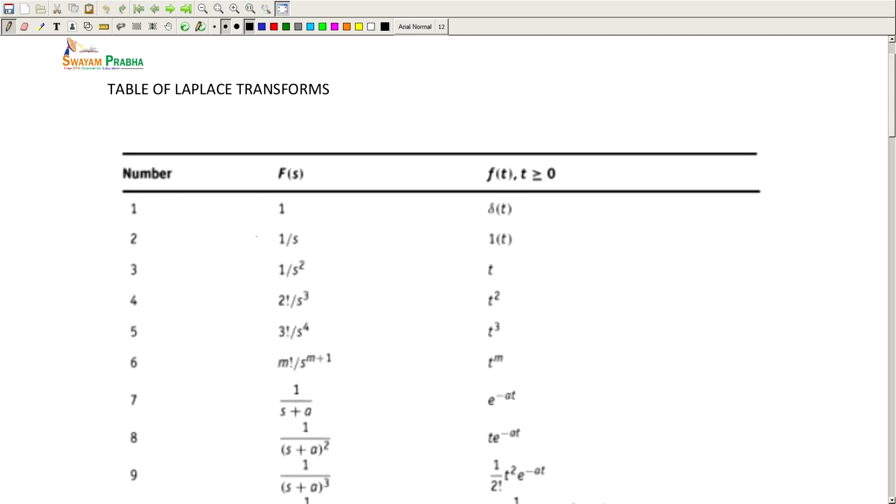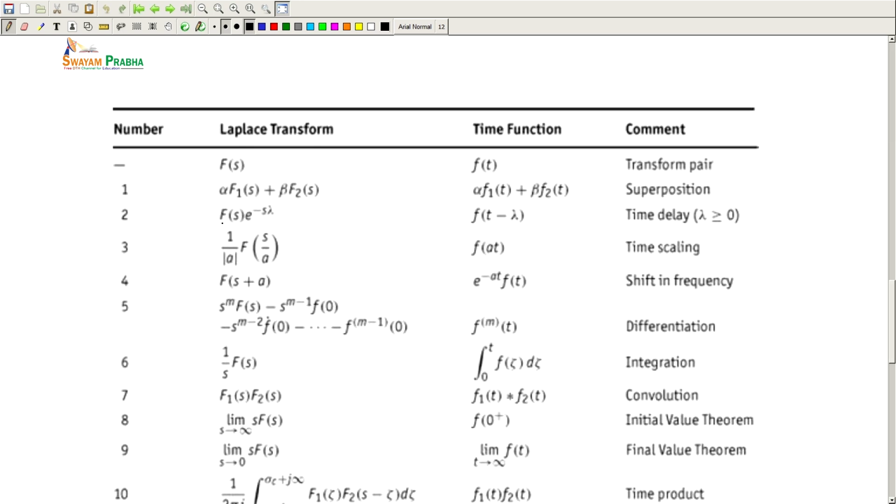So, here I will show you this particular table, which lists down the different properties for Laplace transform.